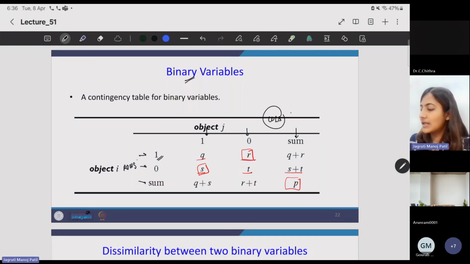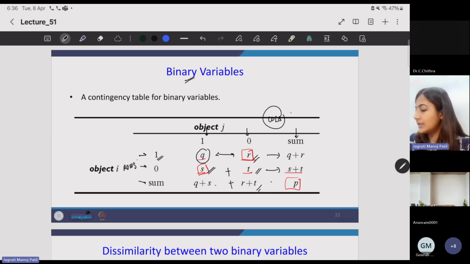For each and every case, if both of them are 1, your sum of value comes to be Q. If one is 0 and the other is 1, it would be S. The sum of both of them is Q plus S. Same case here and here: the sum of both of them is R plus T. Then you sum these two, your sum is this. You sum these two, your sum is this. Now you sum all of these here also, you get this P.